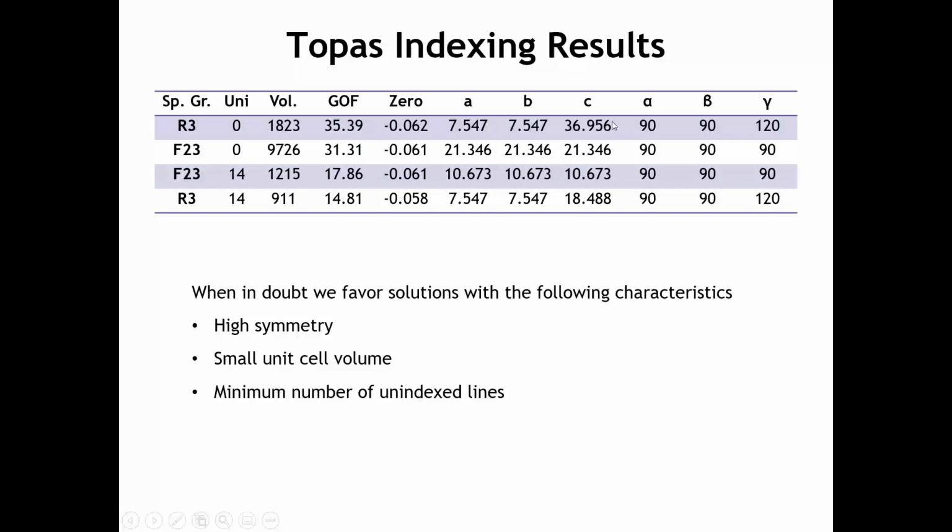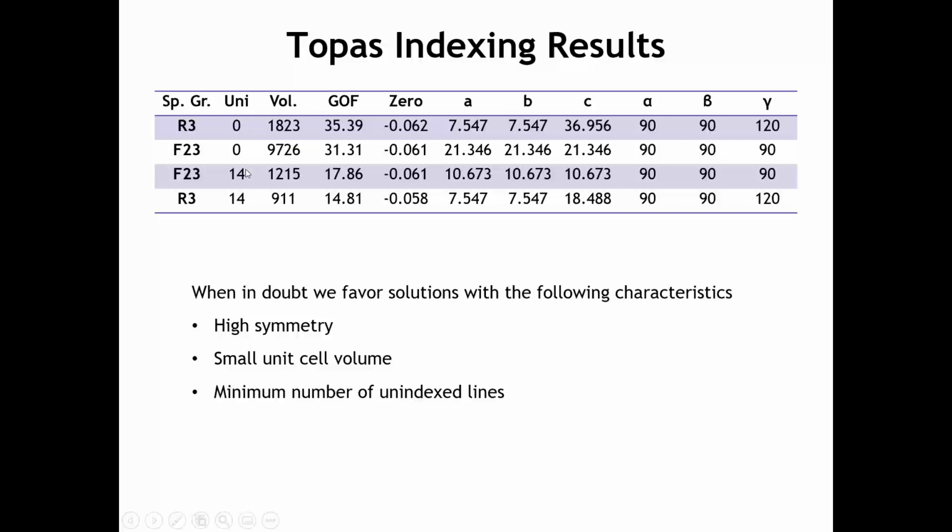So that's not that much lower in symmetry, and the unit cell volume is much, much lower. Really, when I look at this data, it's pretty clear that the right answer should be the top line. It's got the best combination of indexing all the lines, relatively high symmetry, and a small unit cell.